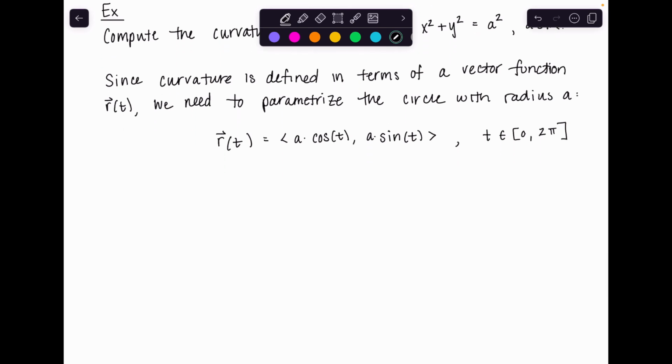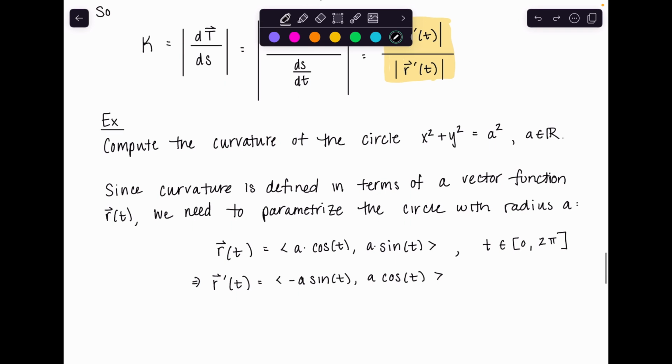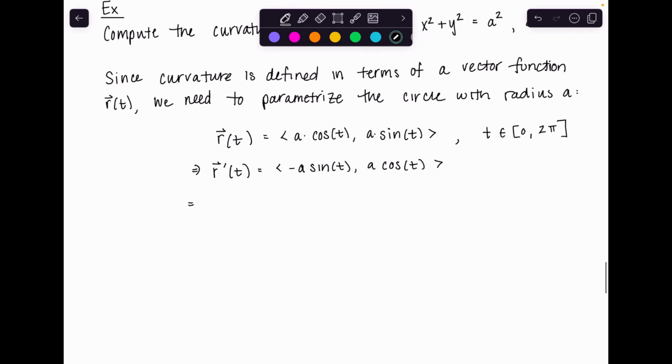So now that I have this, I need to figure out the derivative of my vector, and then I also have to figure out the derivative of my unit tangent vector. So I've got to find both of these things. From here, r prime of t is not too bad. That is negative a sine of t, and then a cosine of t. We also need the magnitude of this, so I might as well find it now. If I take the length of this vector, I square both of these things.